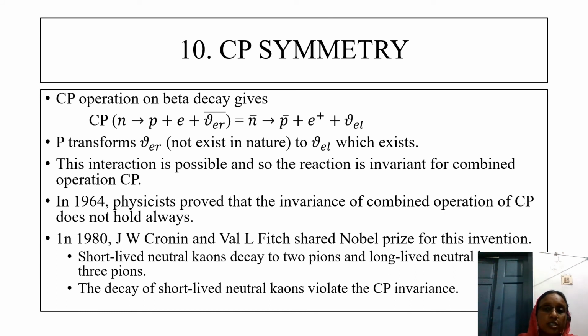We already learned in our previous lecture that there are two types of neutral kaons: short-lived neutral kaons and long-lived neutral kaons. Short-lived neutral kaons decay into 2 pions and long-lived neutral kaons into 3 pions. The decay of neutral kaons violates the CP invariance.